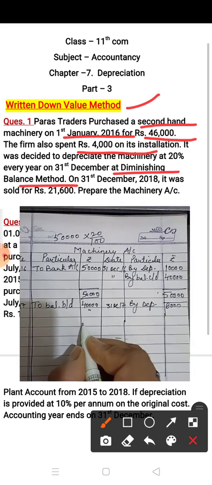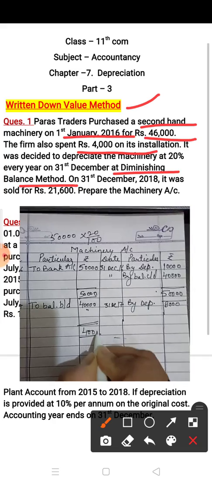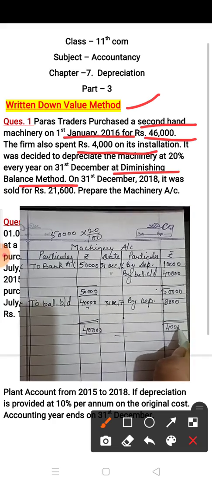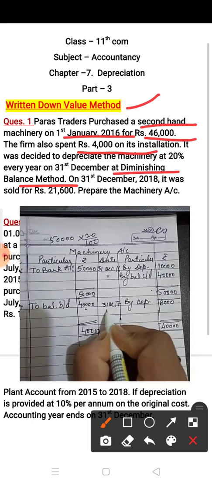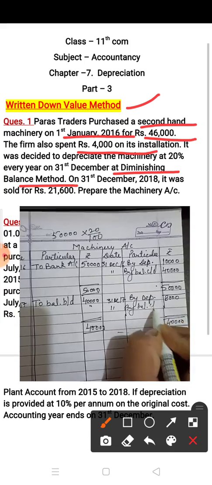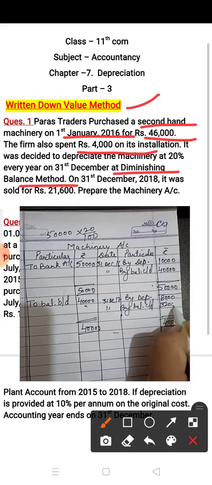Now again you have to close the account and find out the balance c/d. Balance c/d on 31st December 2017 is 40,000 minus 8,000, which is 32,000.